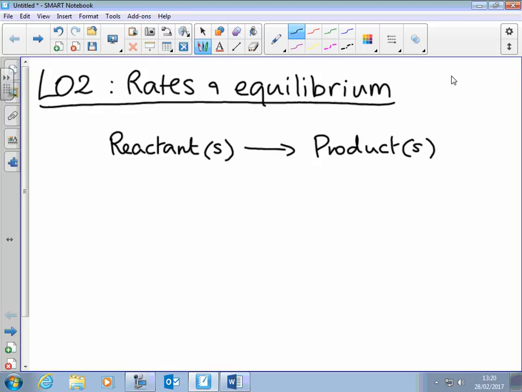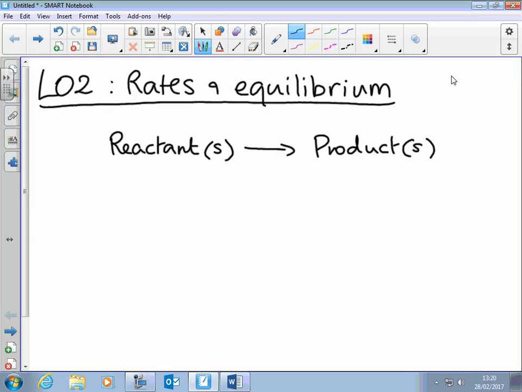But this idea of a reaction, we talk about reactants, we talk about products, and then the idea of rates. Well, what is a rate? A rate is something which involves a period of time. That's really important. It's usually something about a change over a period of time.